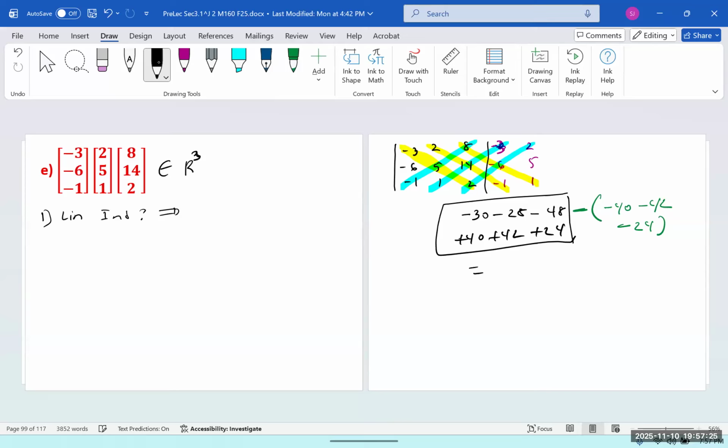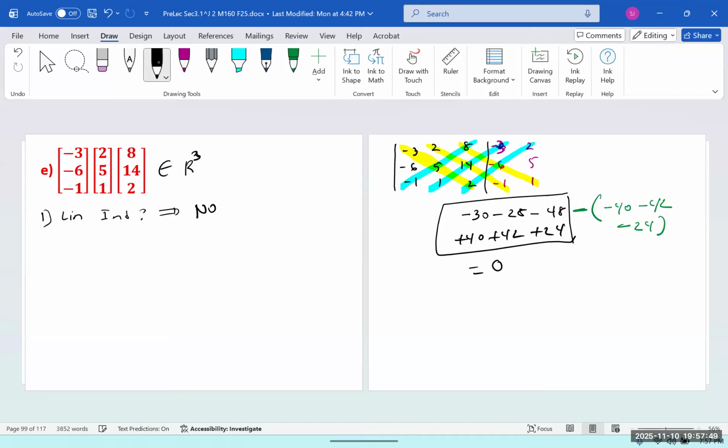What do you get? Do the math. Zero? Our determinant is 0.